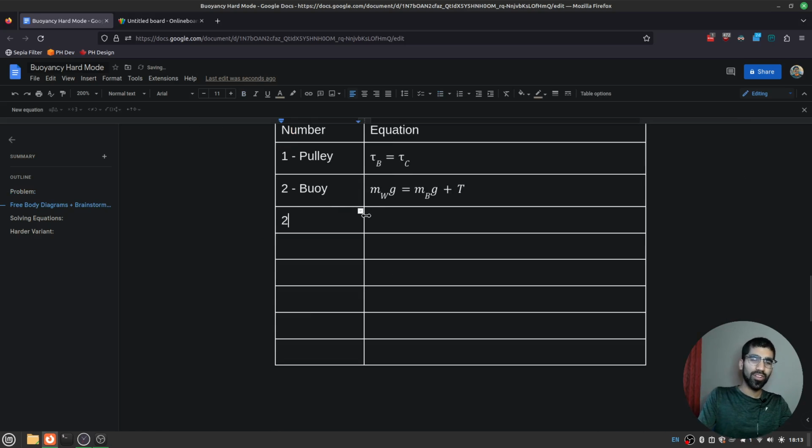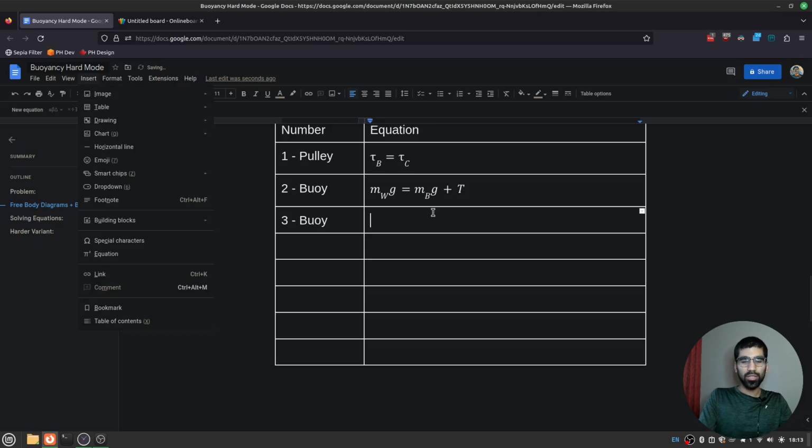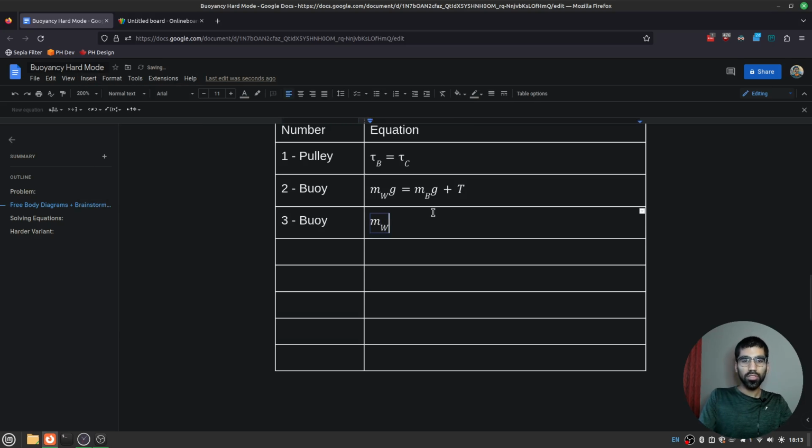So I'm going to write down another equation, making that relationship more explicit. The mass of the buoy is going to be the density of the buoy, this is what we're looking for, times the volume of the buoy that we are given.